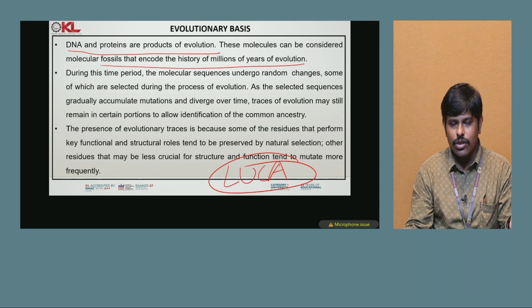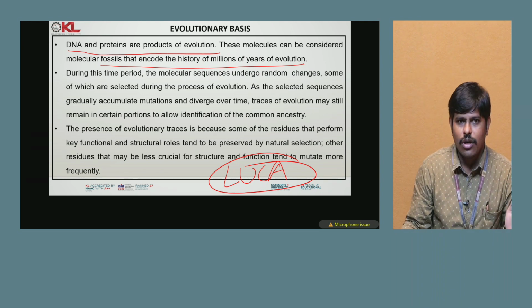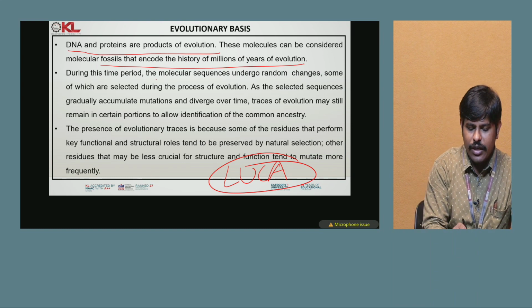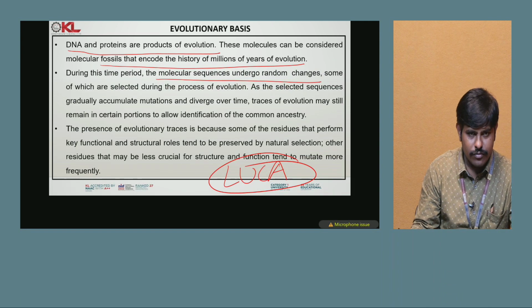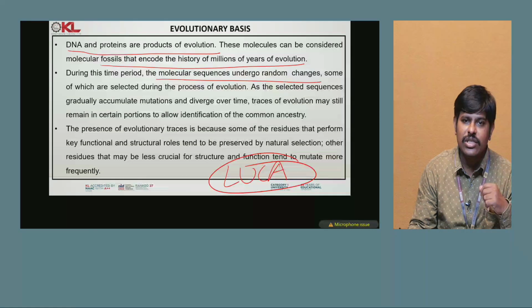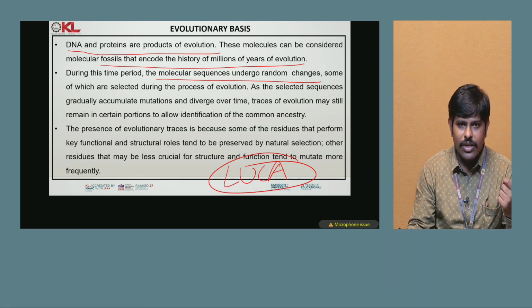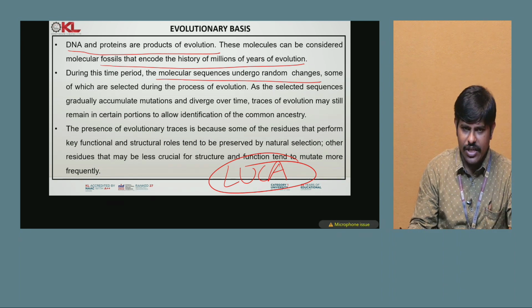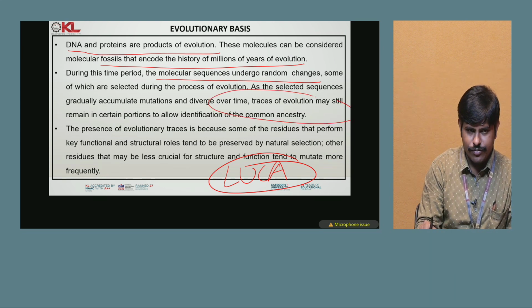During inheritance, as time progresses through the evolutionary processes, DNA and protein undergo random changes. Some of them may undergo mutations or changes, and some of them may not change at all, or change only slightly. The characters or residues which are not changed, you call them conserved characters or conserved positions, and you can trace the evolutionary history.